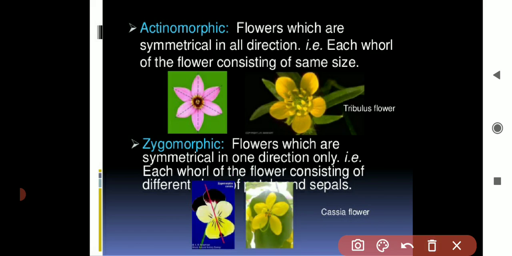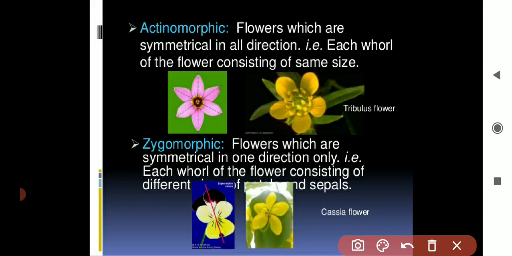So if you can cut the flower only in one direction, either in up direction or in down direction, that means it is zygomorphic, okay? Means you can cut it only in one plane, only north-south or south-north.